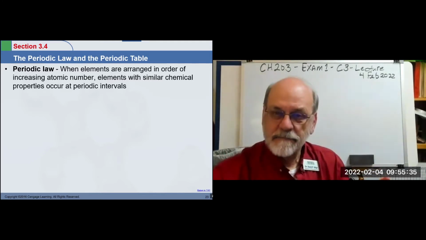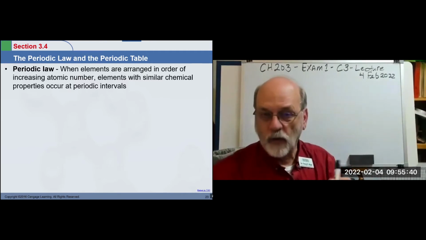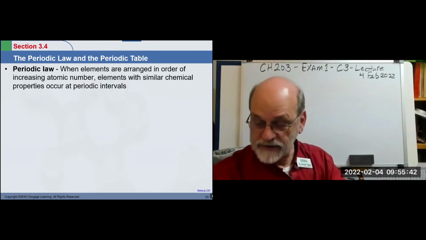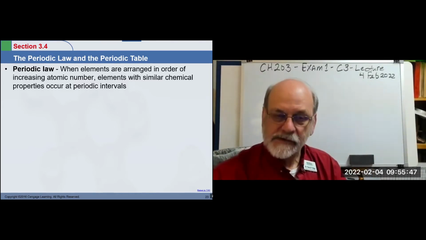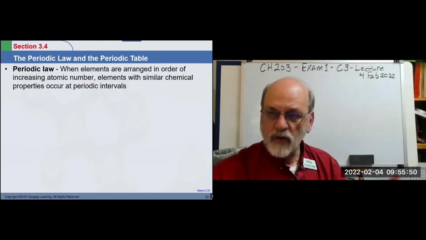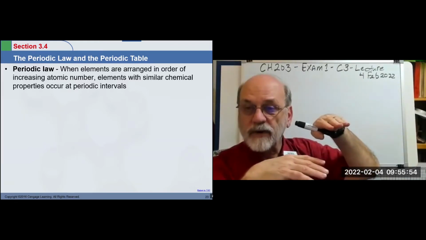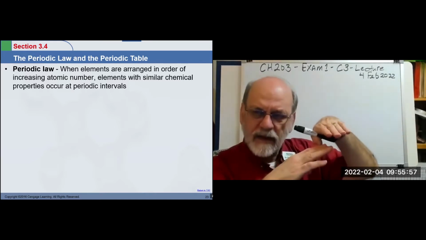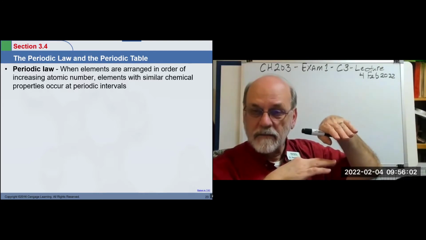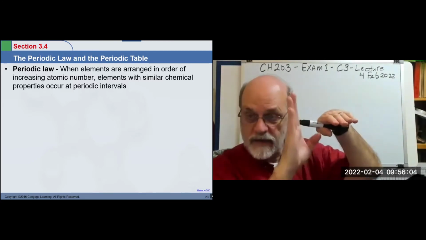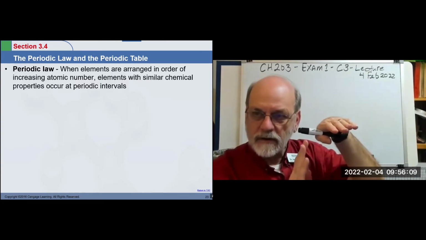What it does is it arranges the atoms in a tabular form, the elements that is, by increasing atomic number. And it also positions the elements in such a way that those in the vertical columns agree with their chemical behavior.